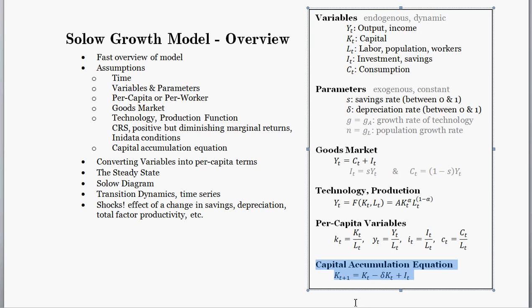The stock of capital next period, K sub t+1, is equal to yesterday's stock, the stock you started off with, minus depreciation, where depreciation is the rate at which capital is destroyed from one period to the next. If capital lasts, say, 100 years, then the depreciation rate is about 1%.